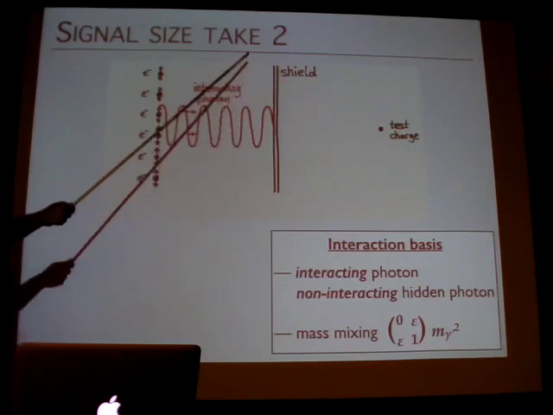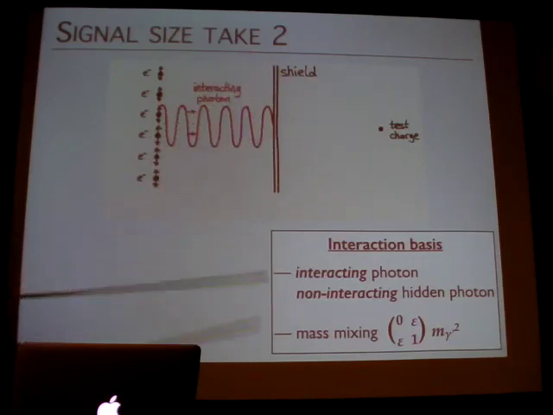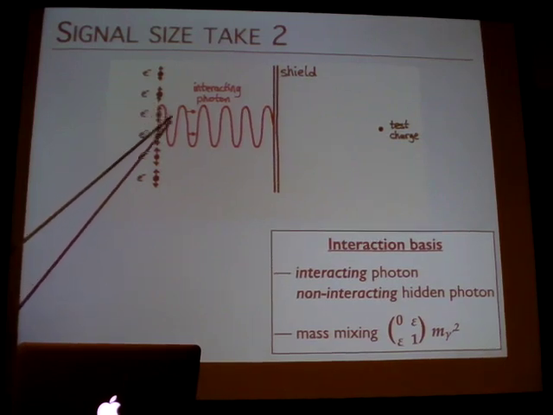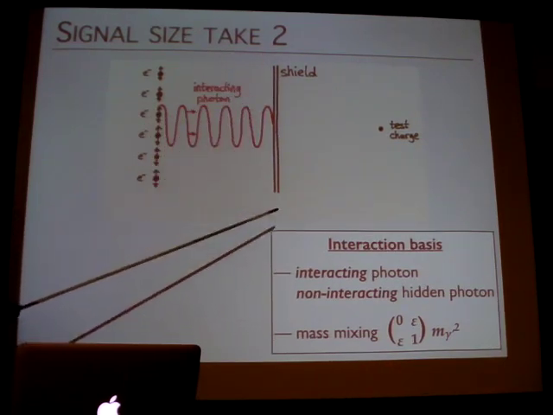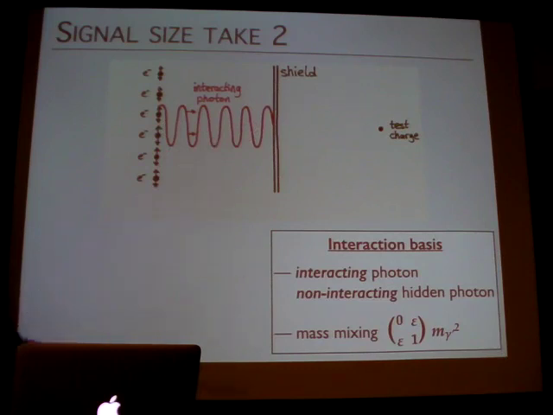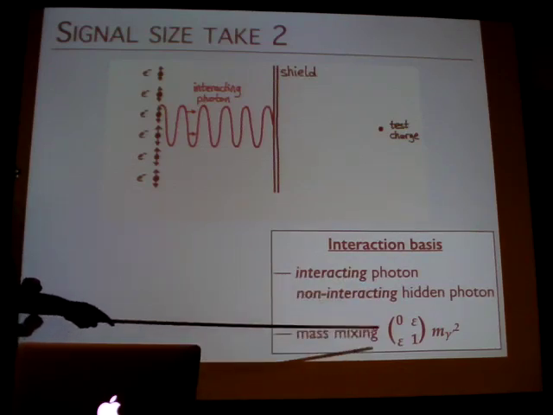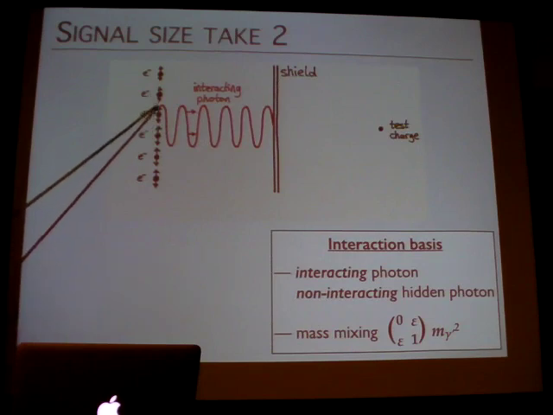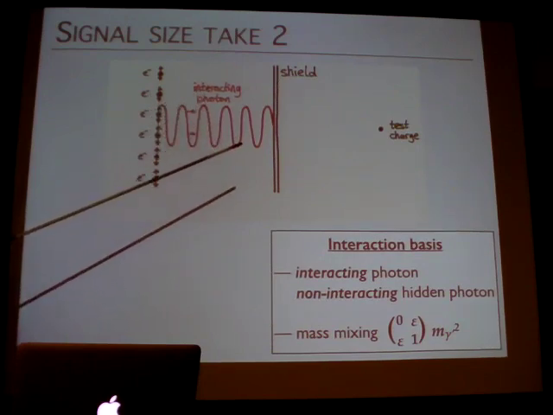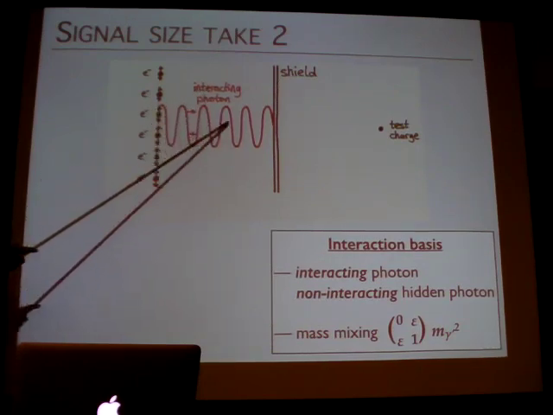But the shield also couples to the same linear combination, right? So you might think that whatever is produced here gets completely blocked by that shield, even though it contains a little bit of the hidden photon. That, of course, is not true, right? The reason why that's not completely true is because there is a mass mixing. Because there's a mass mixing, even though you produce this interacting photon, that linear combination, as that photon propagates out, right?